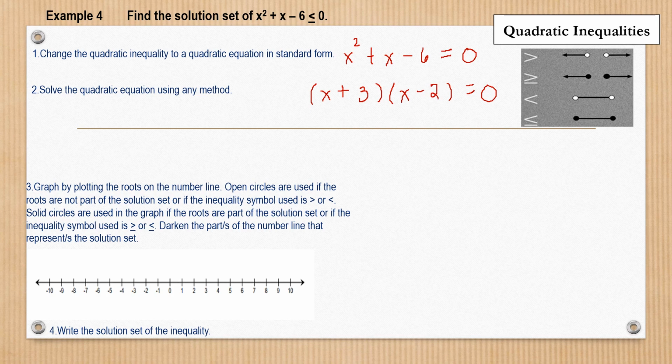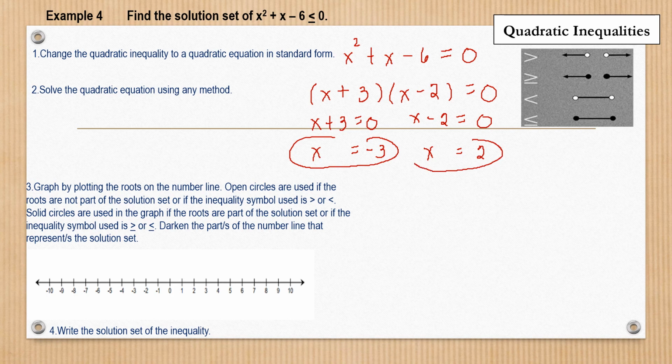Positive 3 times negative 2 is negative 6. Positive 3 plus negative 2 is positive 1. Let's apply the zero product property. x plus 3 is equal to 0. x minus 2 is equal to 0. Solve for x. x sub 1 is negative 3. x sub 2 is positive 2.